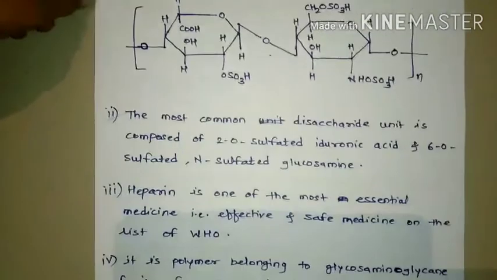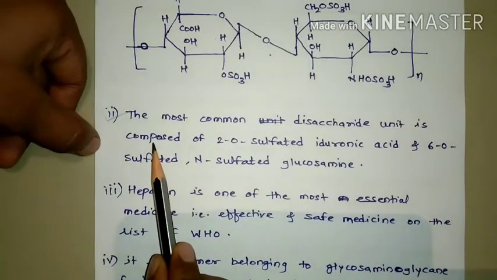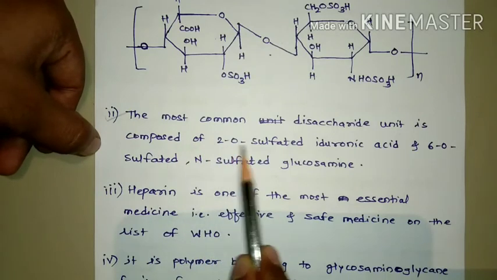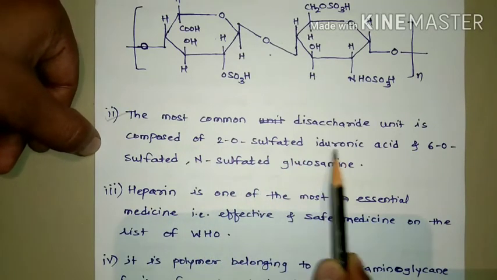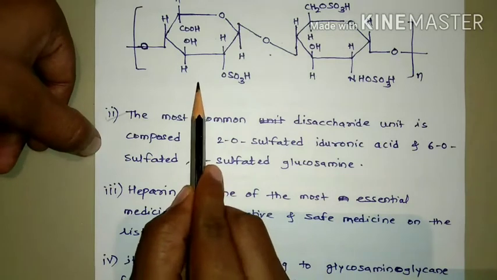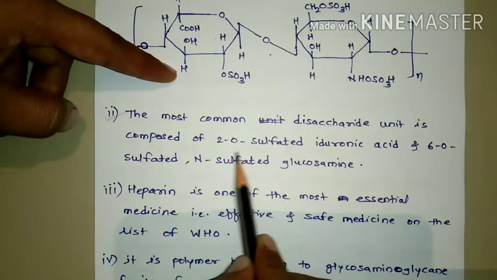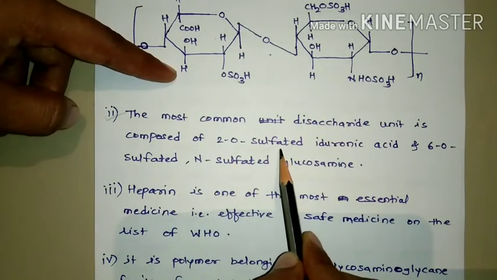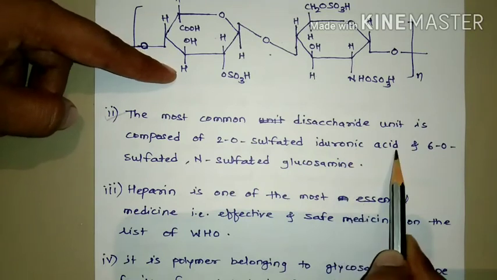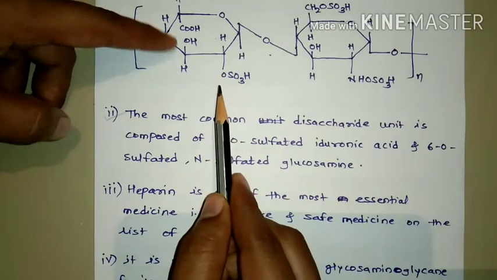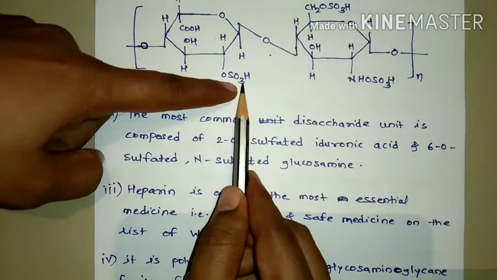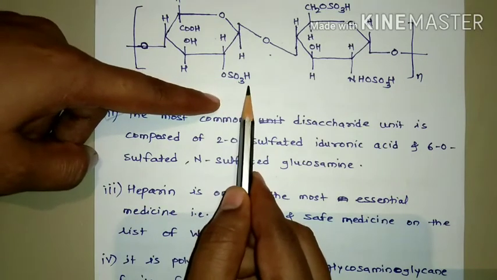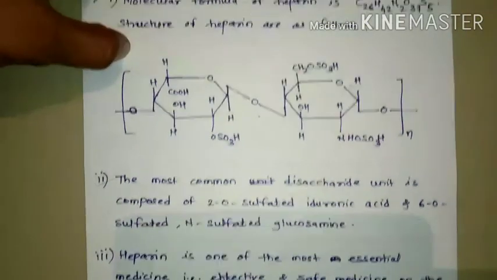Okay, and it is composed of 2-O-sulfated iduronic acid. This first unit is called 2-O-sulfated iduronic acid. Why is it iduronic acid? Because it contains a COOH group and it contains a sulfonic acid also.